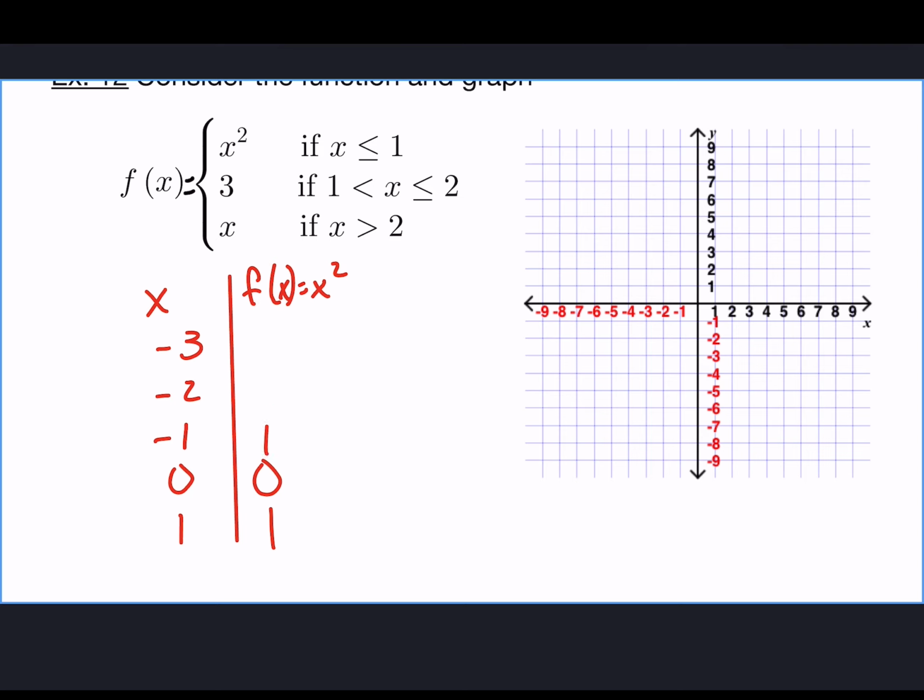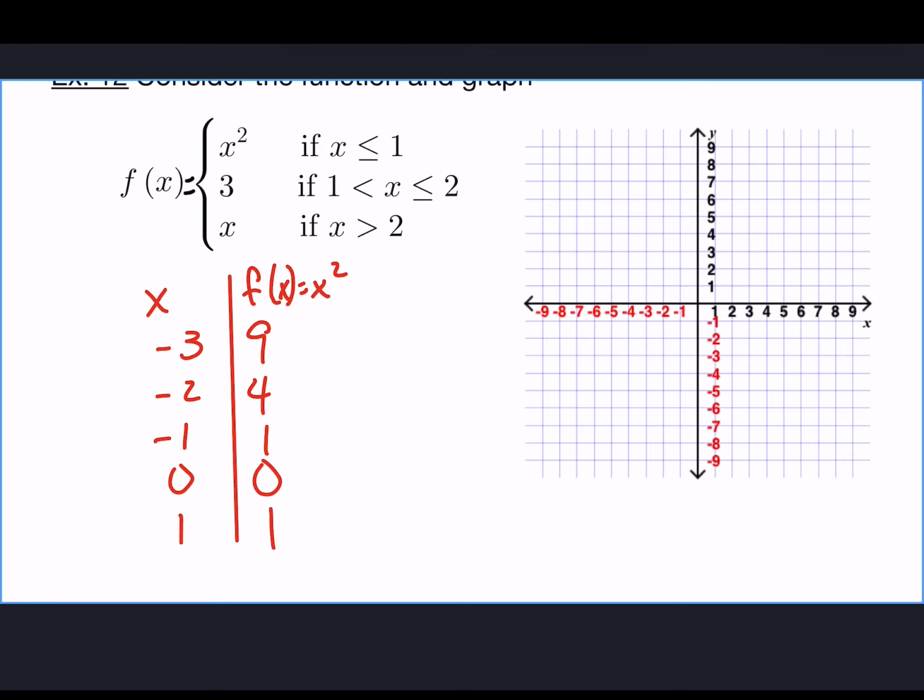Negative 2 squared? 4. And negative 3 squared? 9. So what we've done is we've found 5 different points that we can graph on those coordinate axes for this portion from the left to 1.